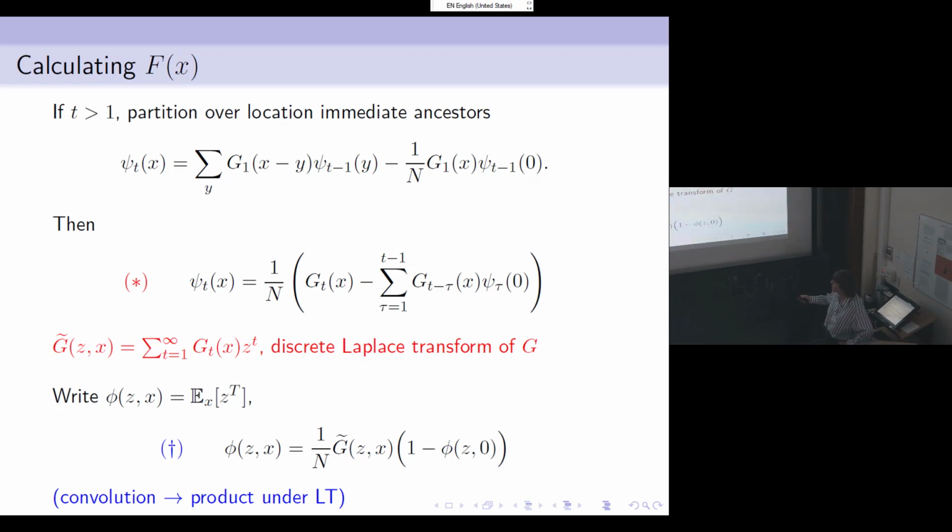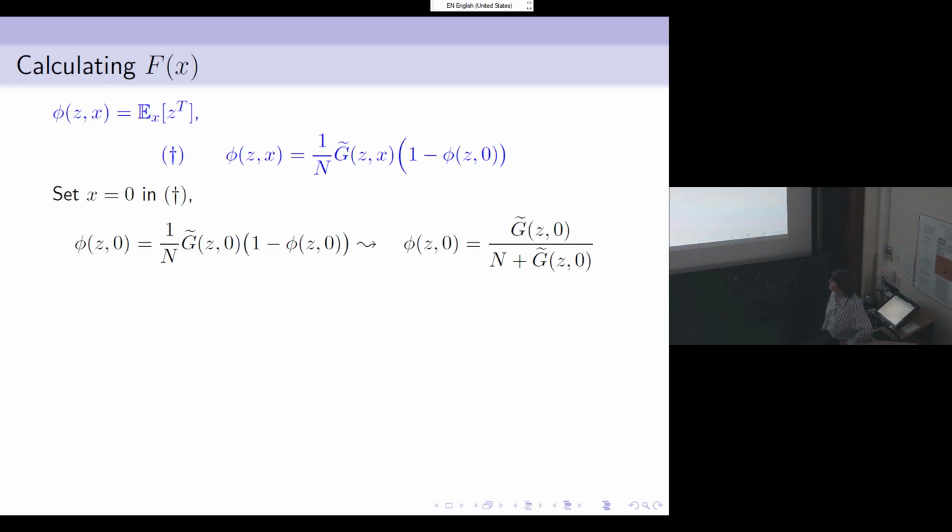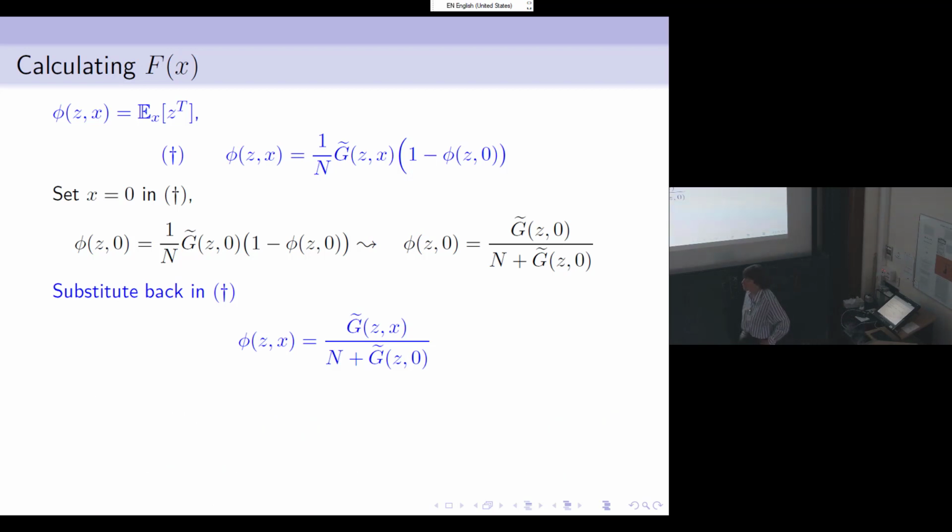So the convolution became a product. And now I put x equals 0, and that gives me an expression for phi of z0. And then I substitute back in again, and that gives me an expression for phi of zx. That's looking really good, because now if I just know what g tilde is, I'm done. I've got an expression for phi.